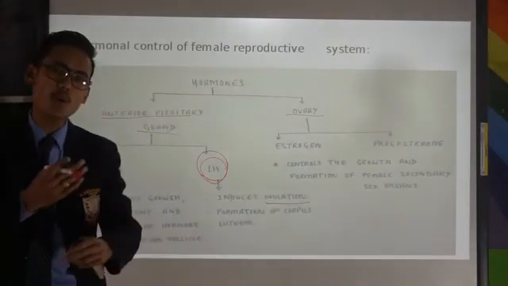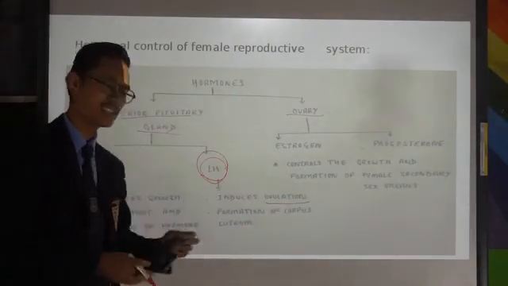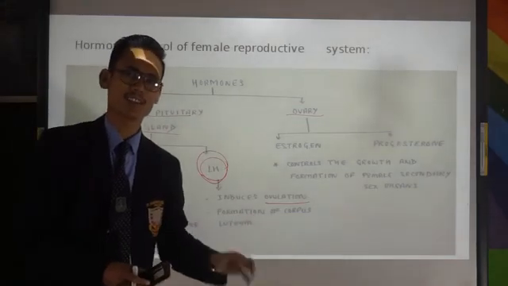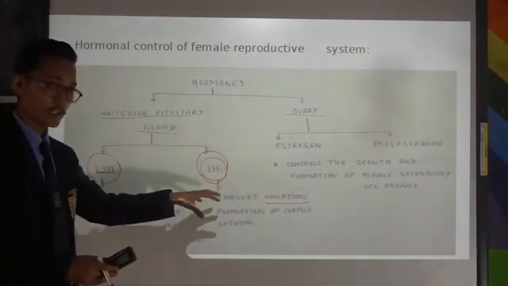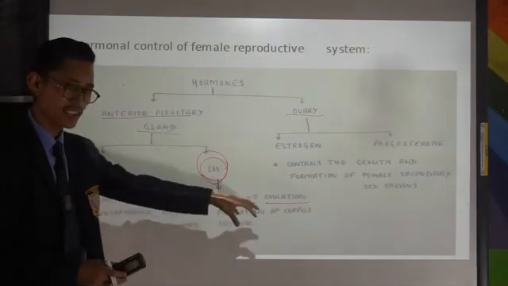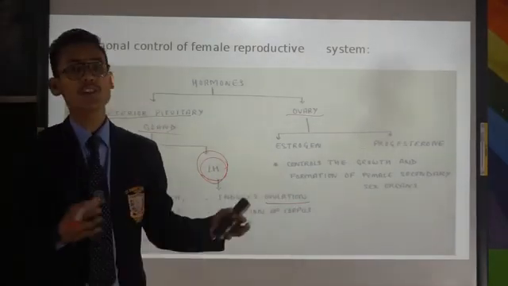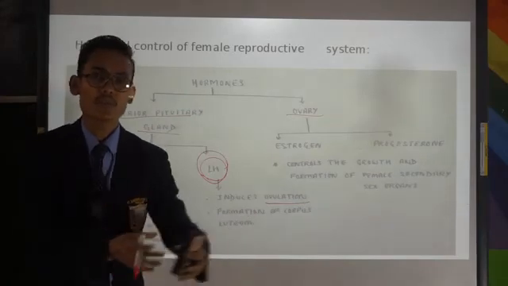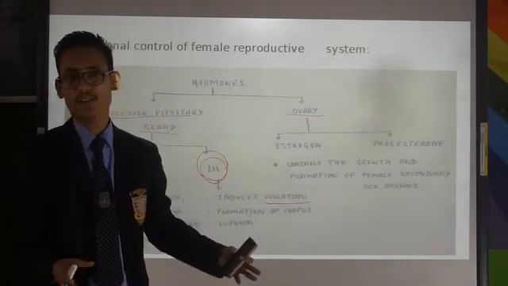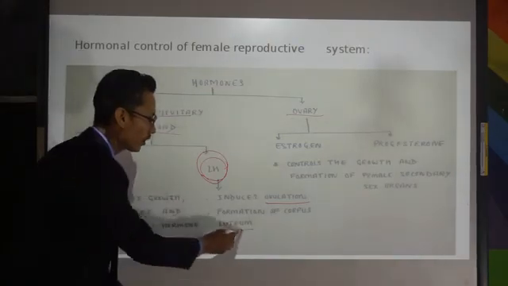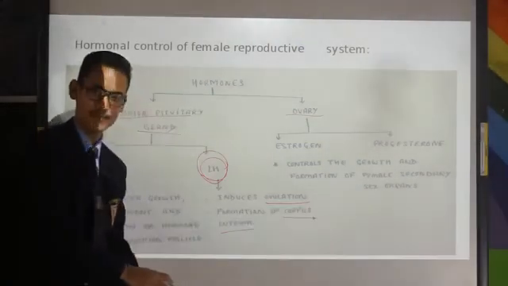LH, luteinizing hormone. It will help in ovulation. It induces ovulation. And this we will talk about in detail when we discuss the menstrual cycle. So LH will induce ovulation. And what is ovulation? The release of the mature ovum from the Graafian follicle. Next, LH will also help in the formation of corpus luteum.